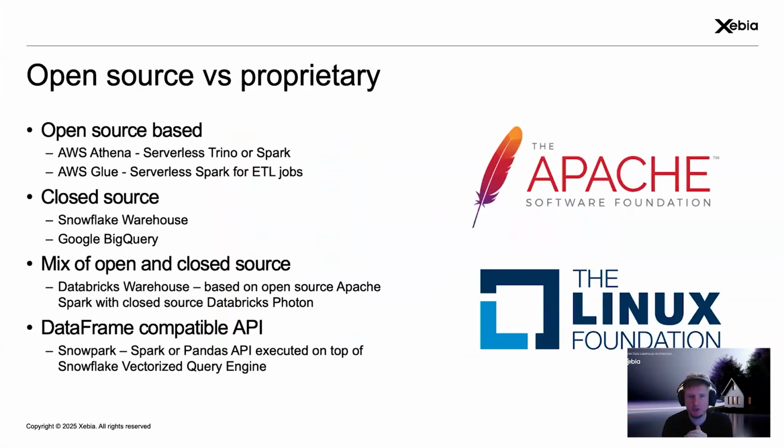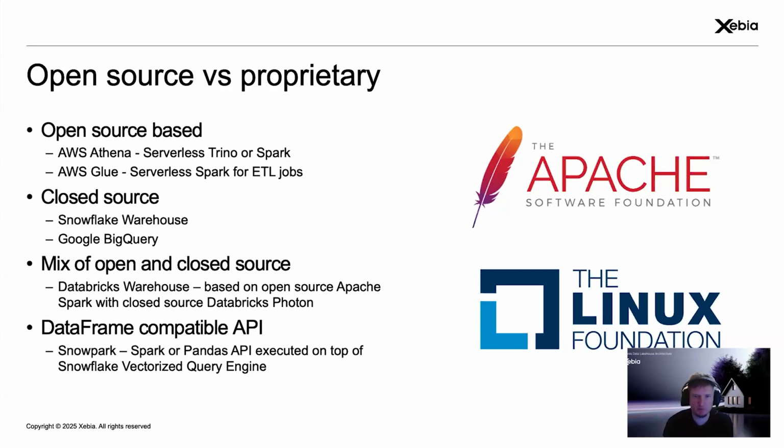The next choice we need to make is whether we want to use open source tools or closed source tools. We can see examples of both on the slide, and we also have some hybrid solutions where we can use some open source tool with the help of closed source fragments.